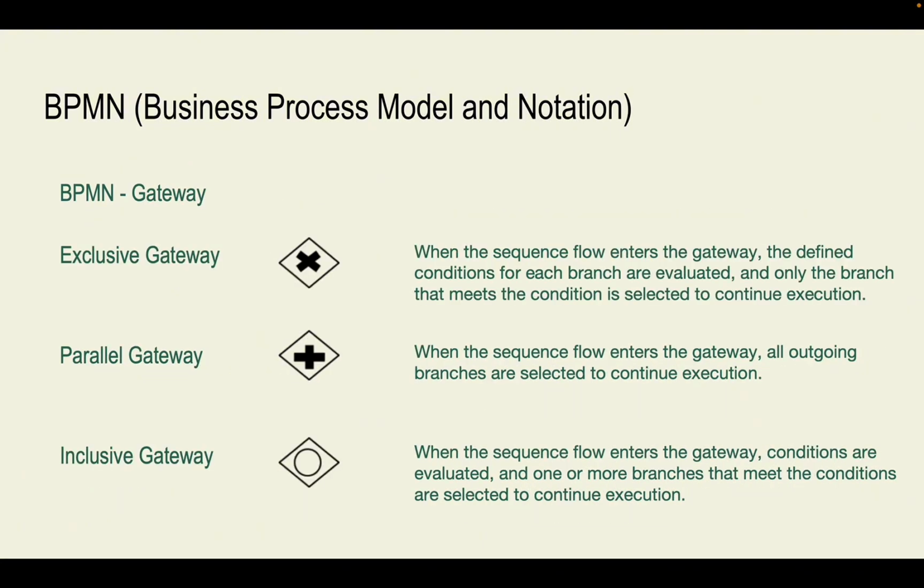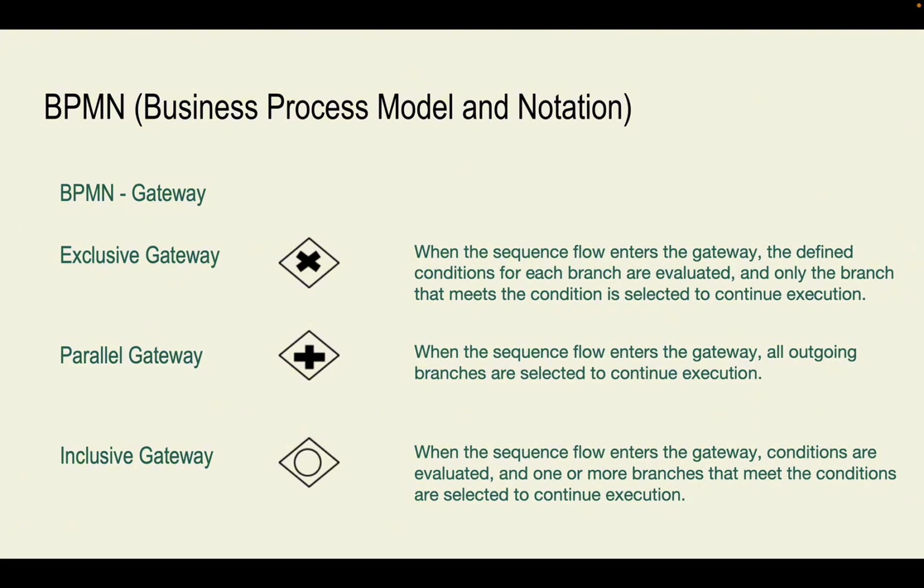A gateway is a key element that controls the sequence flow. Exclusive gateway. When the sequence flow enters the gateway, the defined conditions for each branch are evaluated, and only the branch that meets the condition is selected to continue execution. Parallel gateway.